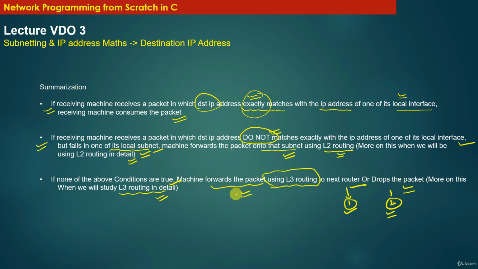The router will choose to forward the packet if the destination IP address in the packet belongs to some remote subnet, and that particular remote subnet entry is present in the L3 routing table of the router.